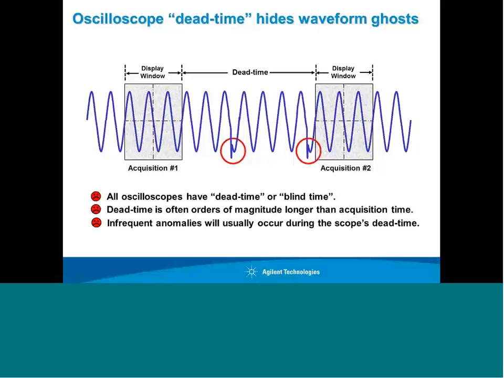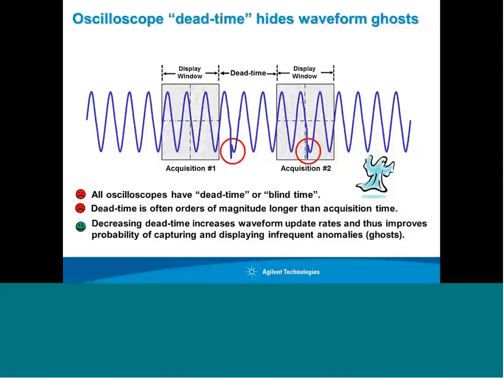And this particular graphic is actually a pretty extreme exaggeration of dead time. Dead times can actually be orders of magnitude longer than oscilloscope display time. And so if you have something very random or infrequent, it's more likely to occur during the scope's dead time or processing time as opposed to occurring during the scope's acquisition time.